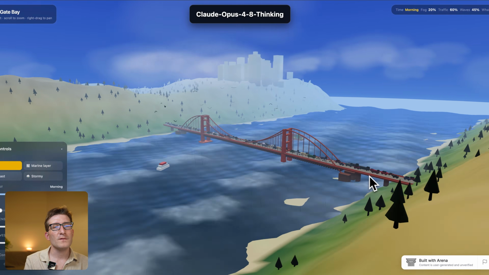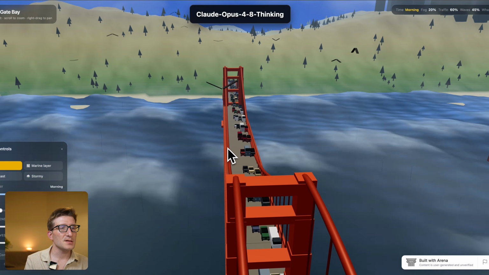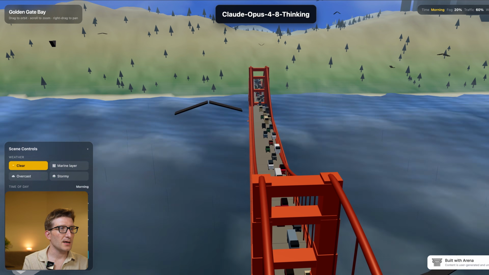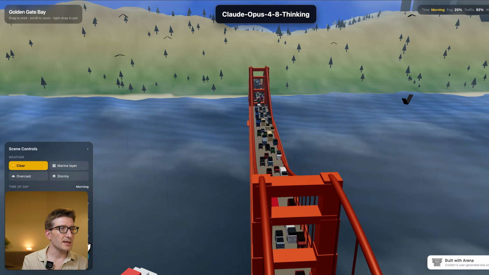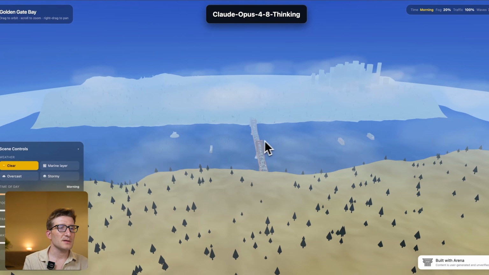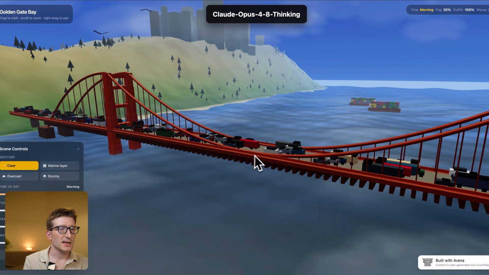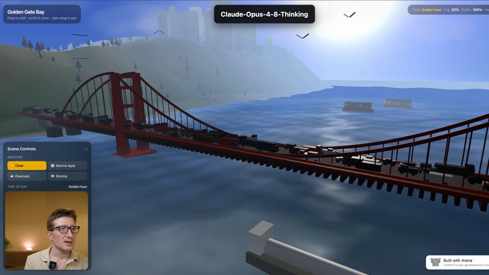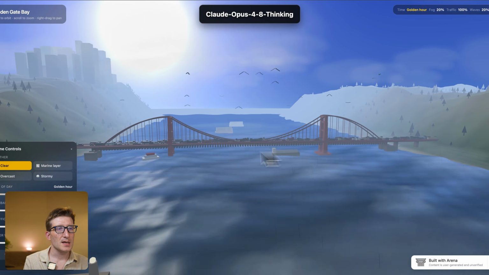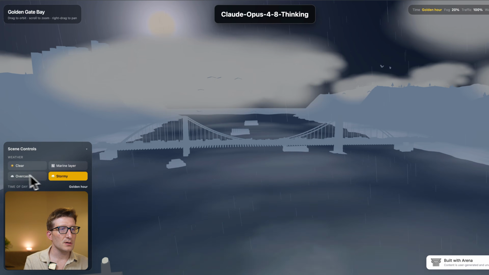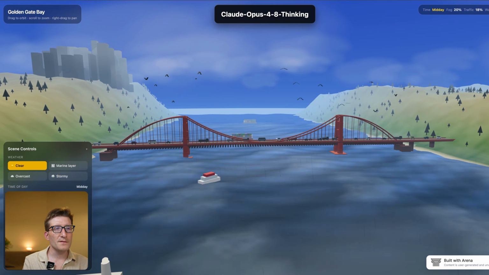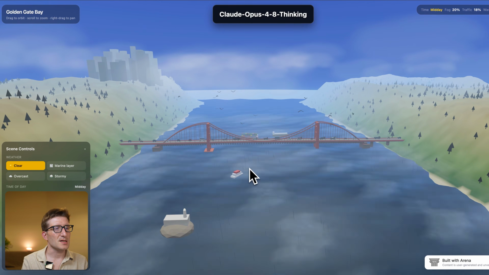I don't want to oversell it. I think this is a worse version of 4.8 thinking in here, and you can see it feels much more cartoony almost. The traffic is kind of a little bit of a joke. The things are floating and so on. So it has a lot of really nice elements to it, but the difference between the two is quite stark, I must say.